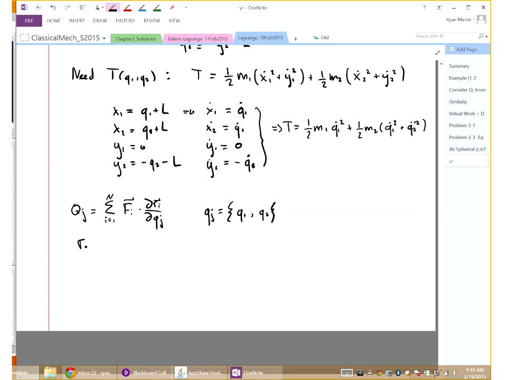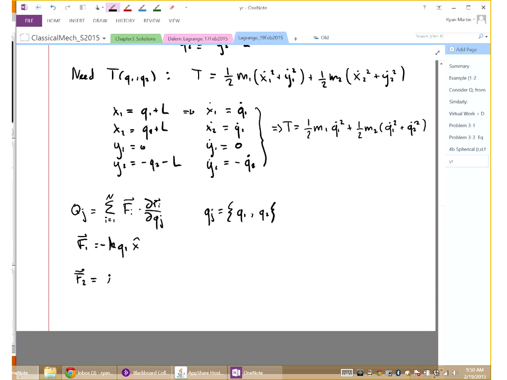So let me write out those forces. So F1, in magnitude, it's K times Q1, right? That was the whole point of defining Q1. Its direction is in the x direction, and it's in the minus x direction.